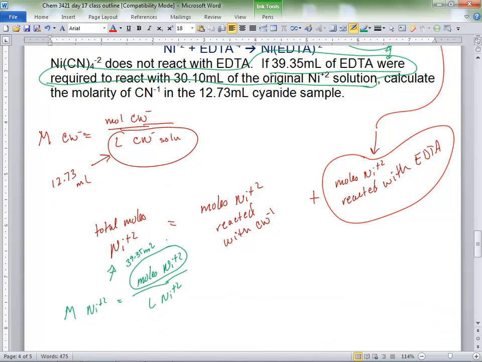Oh my goodness. 0.01307 molar EDTA. Right? Convert that into moles of nickel and you'll have it. Right? And then what's the volume of the nickel? React with 30.1 mL of nickel.